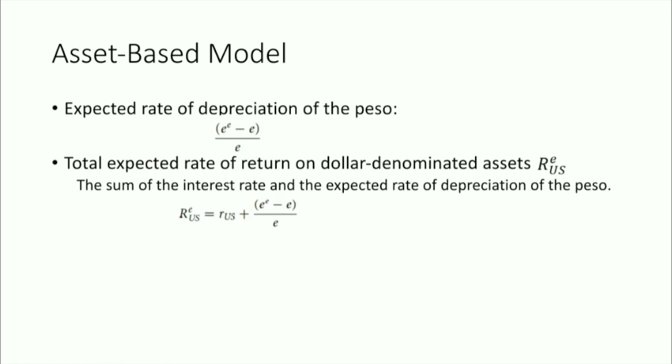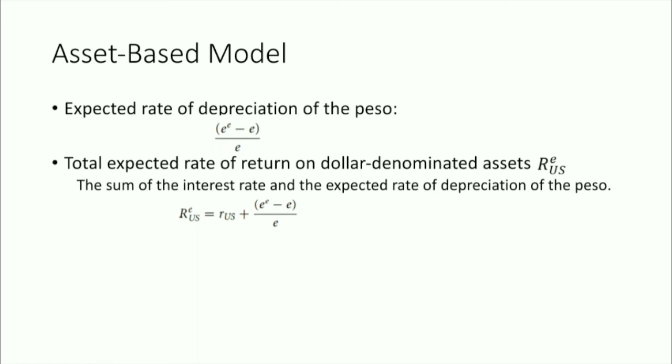Okay, so we just learned that the exchange rate may change in a certain period of time based on the previous assumption. Therefore, for the expected rate of depreciation of the peso, we have the equation, E to the power of e minus E, divided by E. The E to the power of e means the expected exchange rate in the future, and E is the exchange rate at a certain period of time.